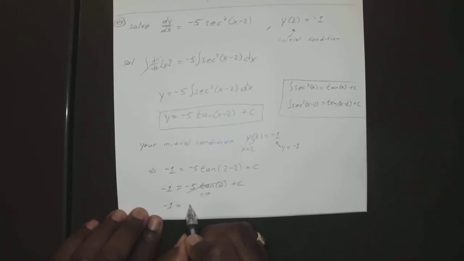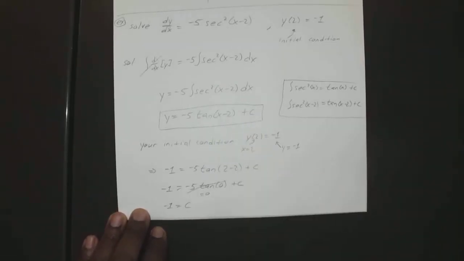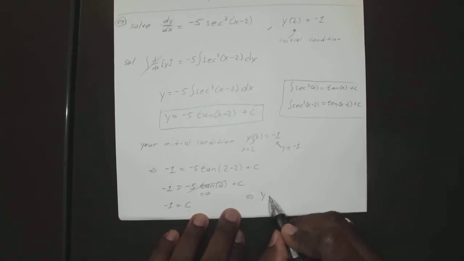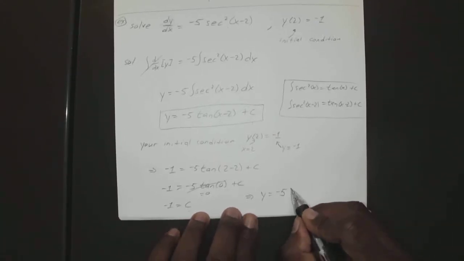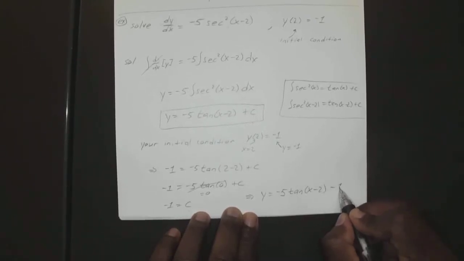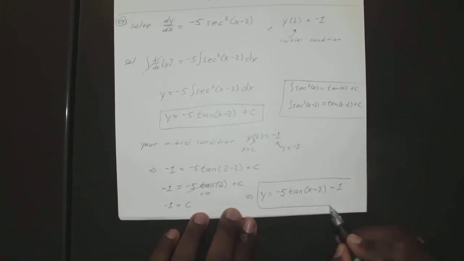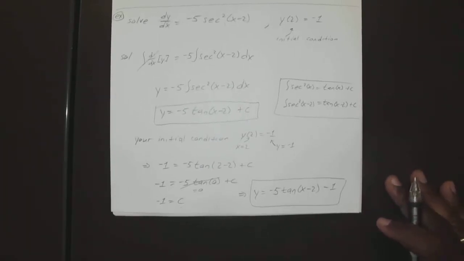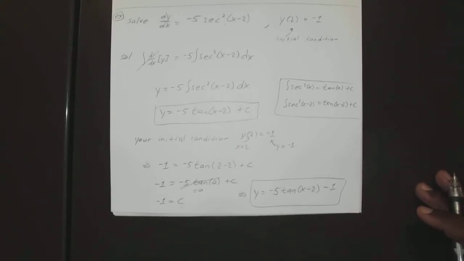So all you do is you get that c value and plug it into the integral you just had. So that means that y is equal to -5 tangent of x minus 2 minus 1. Okay, so that's the only time c has an actual value, is when they give you an initial condition.